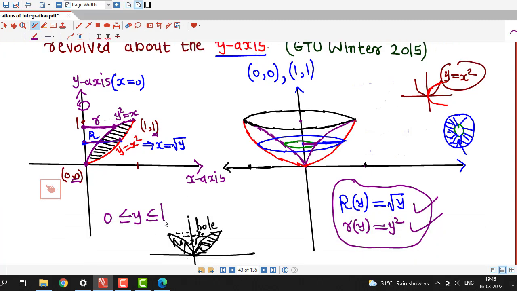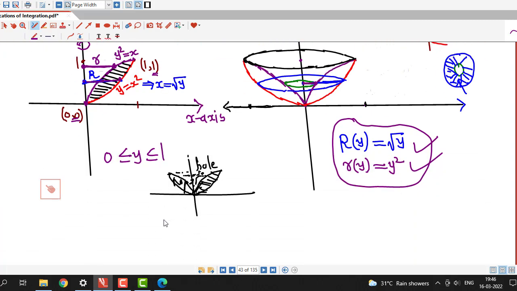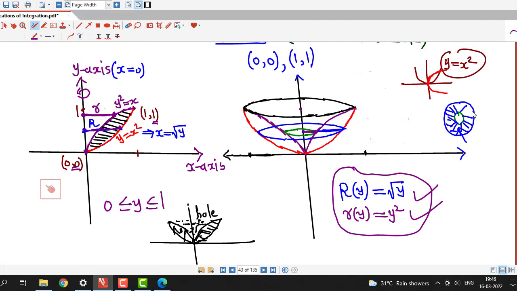You have to decide the area of the washer, and the washer is the region between two circles, and therefore the area of the washer is the area of the outer circle minus the area of the inner circle. So the radius of the outer circle is this distance, capital R, which is x equal to square root of y. The radius of the inner circle is denoted by small r, which is y square.